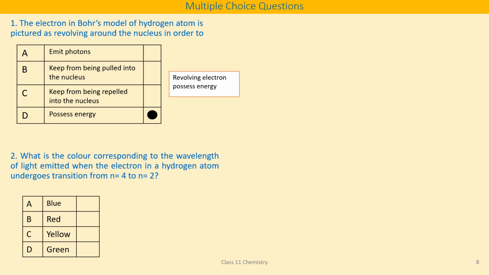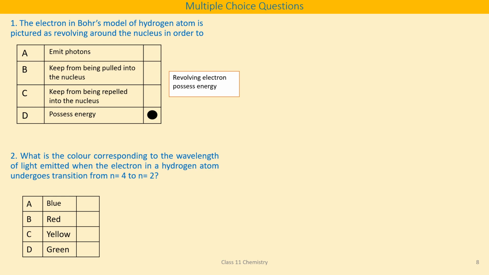Option A, blue; option B, red; option C, yellow; and option D, green. Please read the question. In the question, we are asked what is the color corresponding to the wavelength of light emitted when the electron in a hydrogen atom undergoes transition from n is equal to 4 to 2.